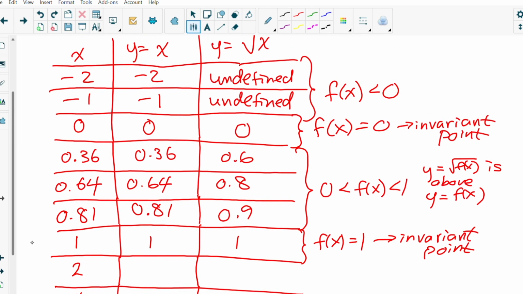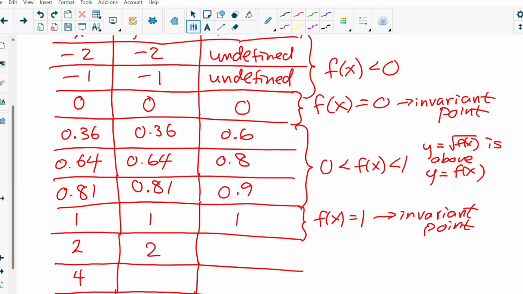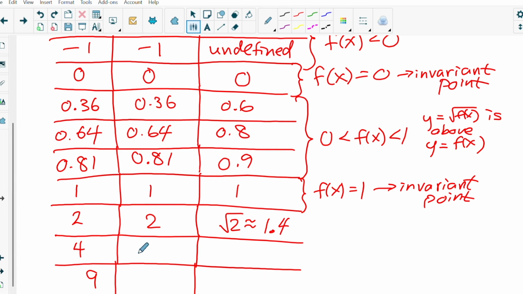Okay, for x equals 2, well, y is just equal to 2. Well, this is square root of 2, or when we graph this for graphing purposes, square root of 2 is about 1.4. Remember, we're just roughly graphing these.